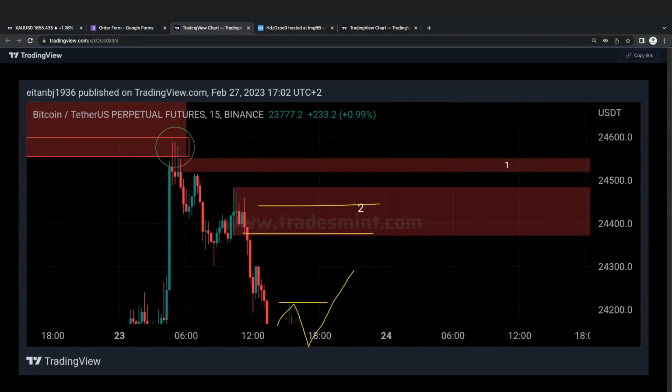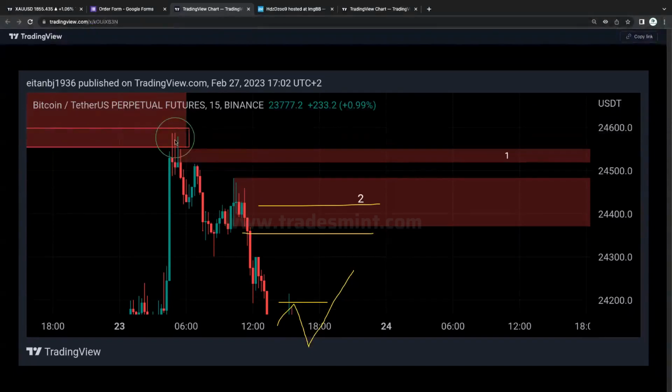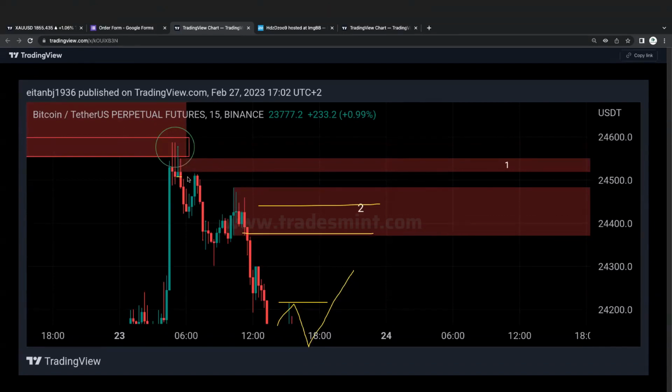So let's see what is happening here. This is a red candle and it broke this one, and this one is also mitigated here, right? So this is mitigated by this move. Okay, everything is mitigated. So we can use one, but in a rare case, and it is not much high probability.